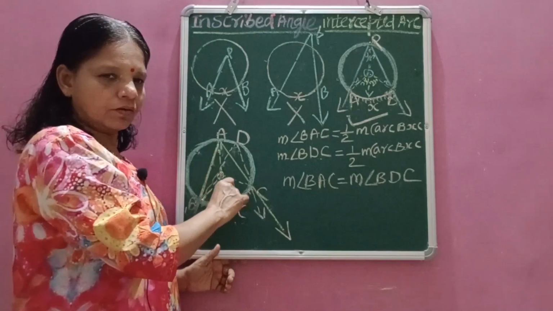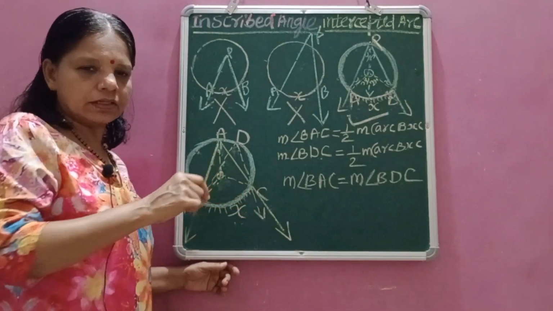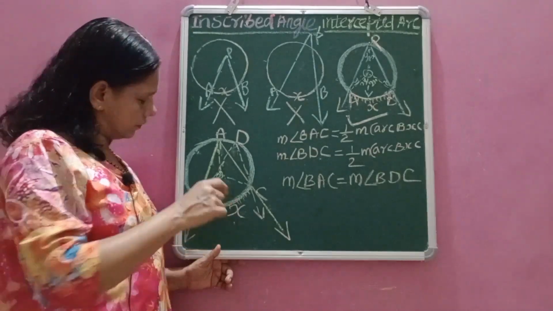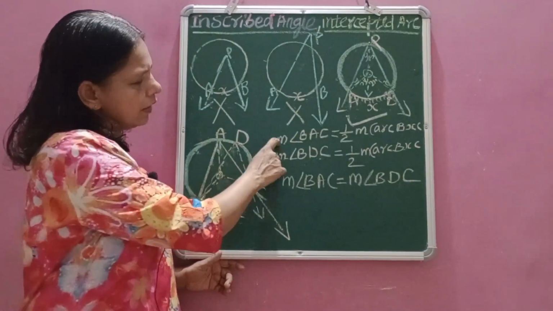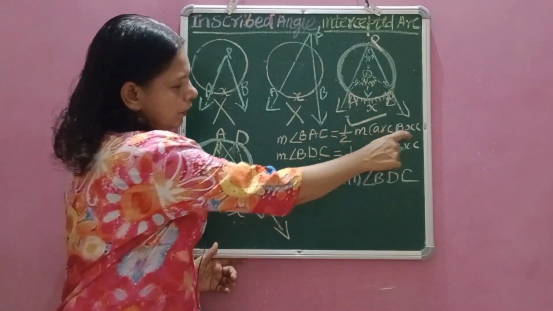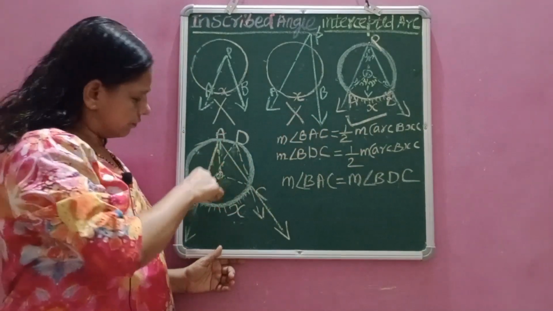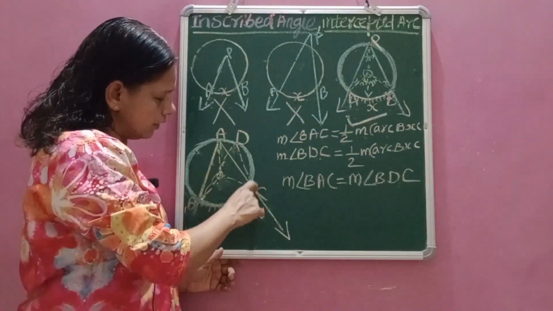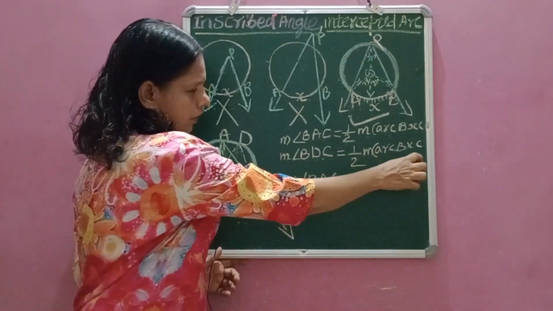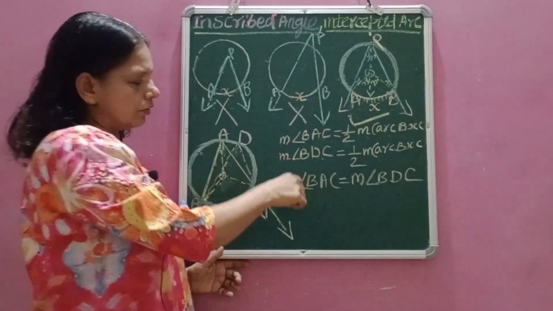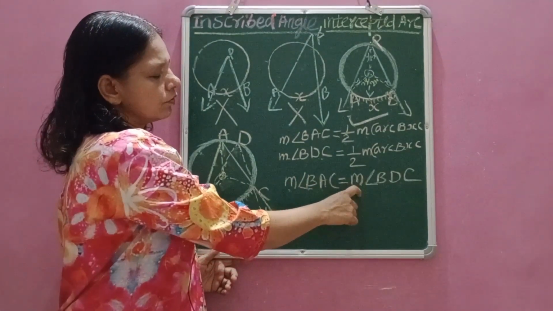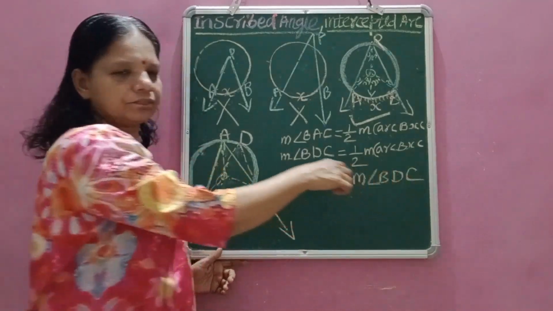So by the property of relation between inscribed angle and intercepted arc, measure of angle BAC equals half the measure of arc BXC. Similarly, measure of angle BDC equals half the measure of arc BXC. So from 1 and 2, what will you get? Measure of angle BAC equals measure of angle BDC.